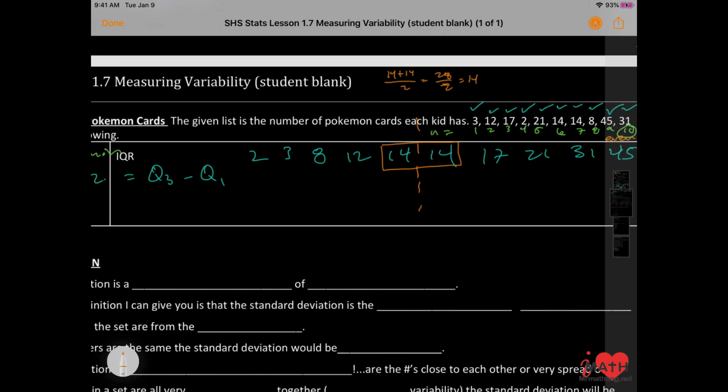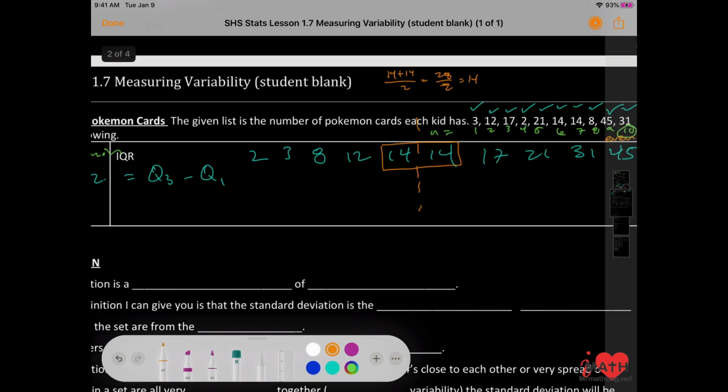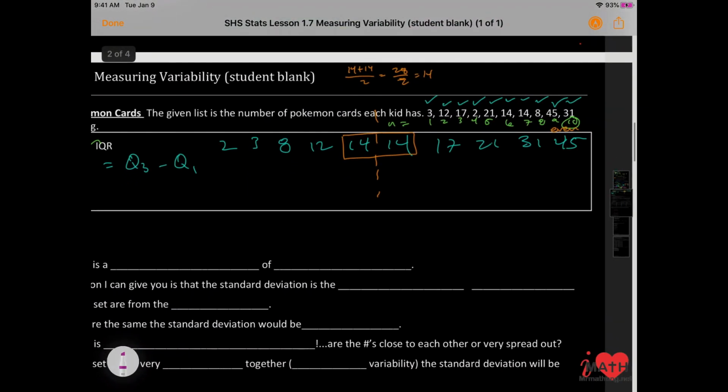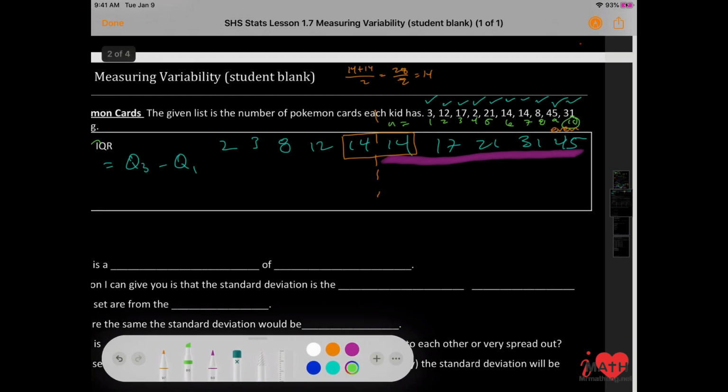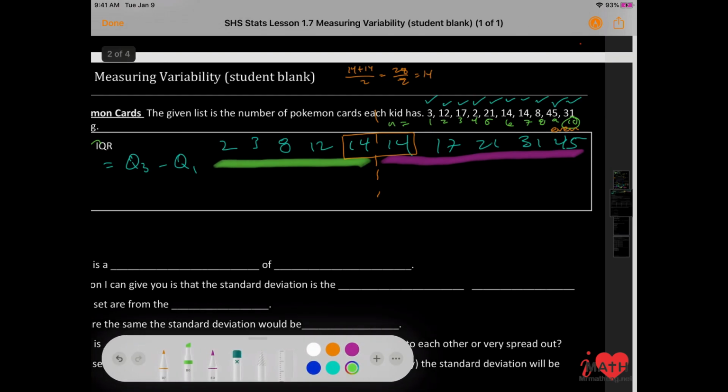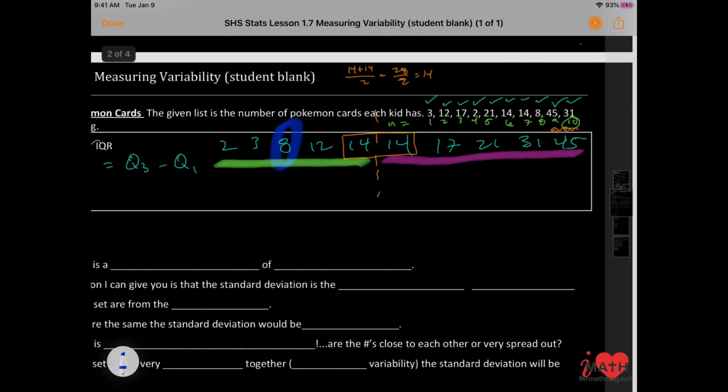Okay, now pay attention. Let's highlight it again. What did we do last time? Green and pink. Okay, so this is my upper half, and this is my lower half. Okay, so if you just put your finger on the median of what I just underlined in green, the median there is 8.